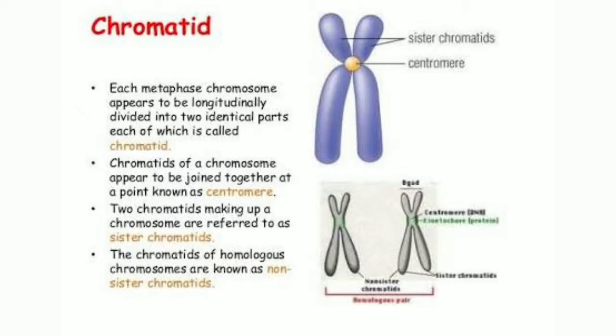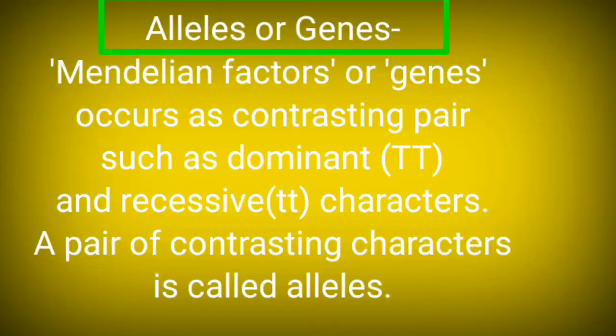Now there are certain terminologies which are used to study the principles of inheritance, as we are going to study the very basis. Here the genes will be called alleles or factors, and these alleles are represented by alphabets.